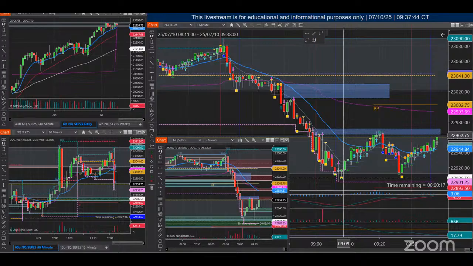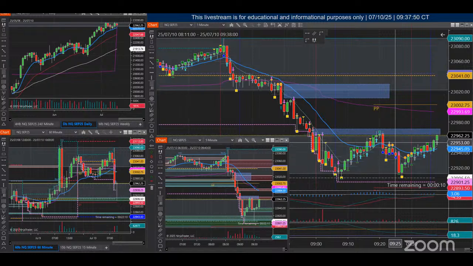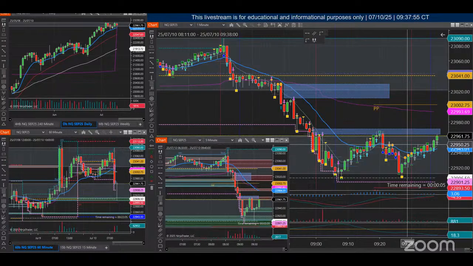So let's consider this upper edge, potential of this uptrend. So it should break with an impulsive move. Potential uptrend.